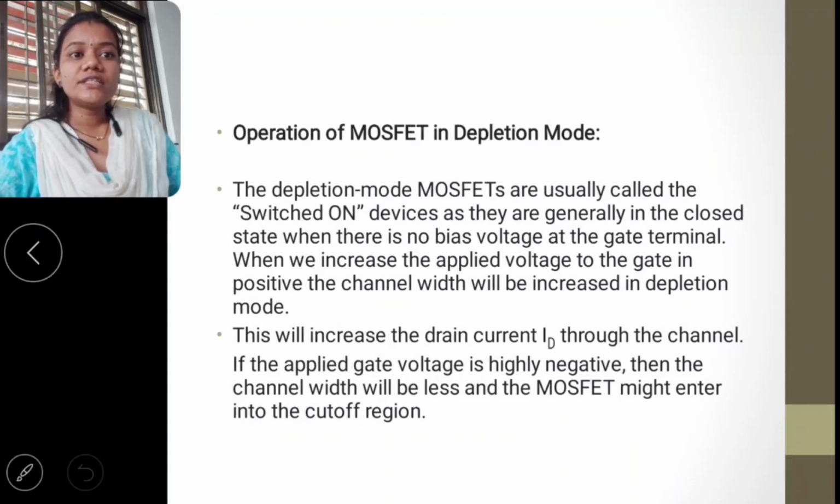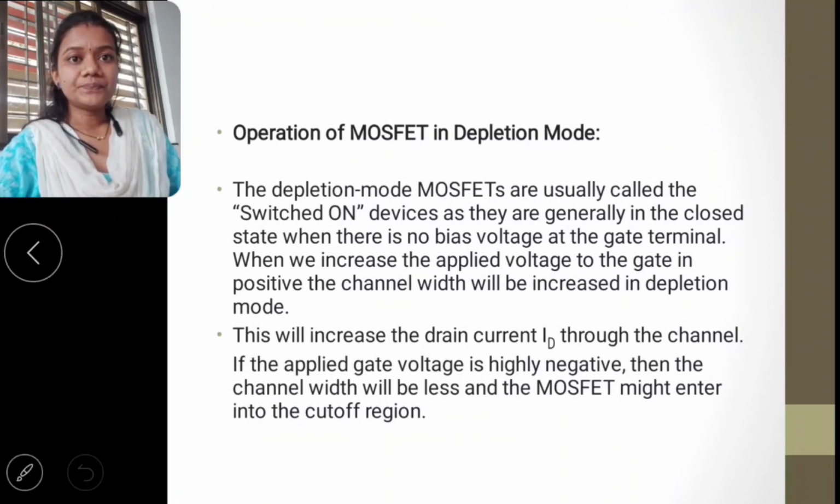When we increase the voltage applied to the gate terminal, the channel width will increase in depletion mode. This will increase the drain current ID through the channel. If the applied gate voltage is highly negative, the channel width will be less and the MOSFET might enter into the cutoff region.